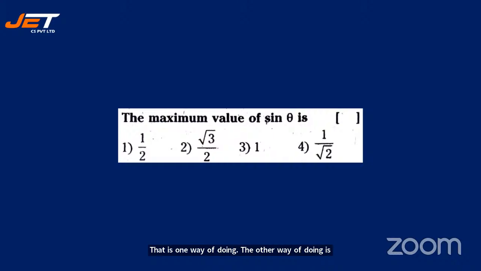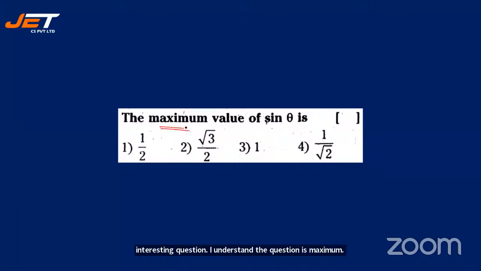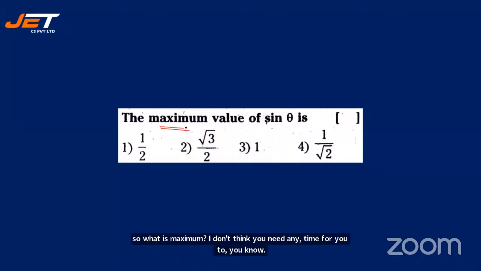The maximum value of sine theta is dash. What is the maximum value of sine theta? It's a really interesting question. Understand the question is maximum. So what is maximum? I don't think you need any time to work out and give me the answer.